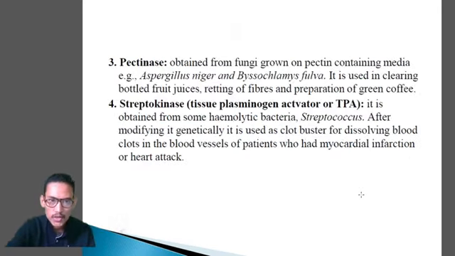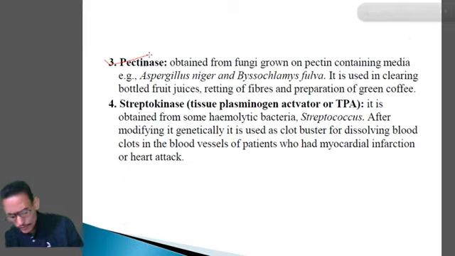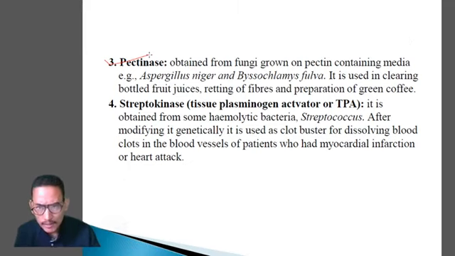Next enzyme is pectinase. They are obtained from fungi grown on pectin containing medium, Aspergillus niger and Cyclamus fulva. It is used in clearing bottled fruit juices, retting of fiber, and preparation of green coffee.